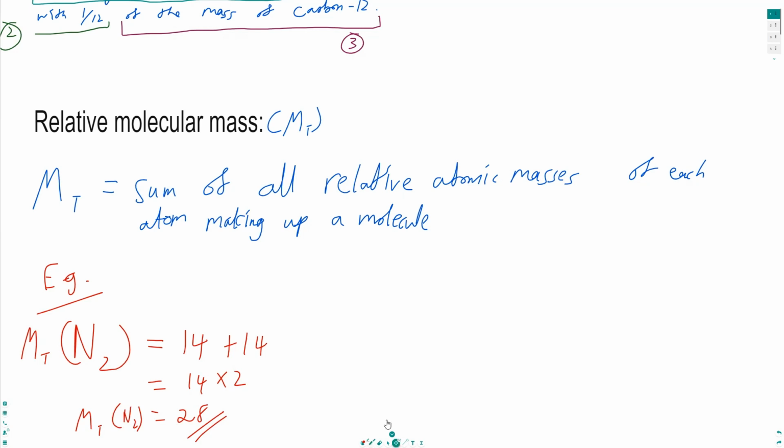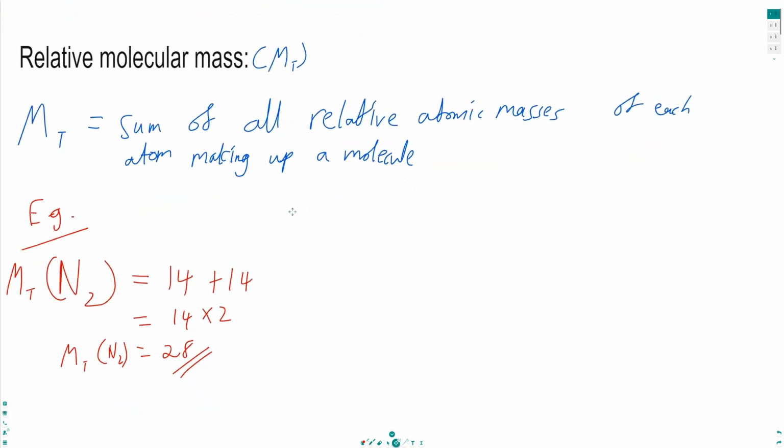So that's relative molecular mass. There's also relative formula mass, which is mainly used for ionic compounds. Relative molecular mass is normally used for simple molecules such as N2, O2, CO2.